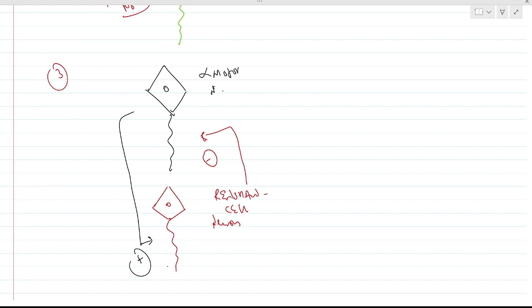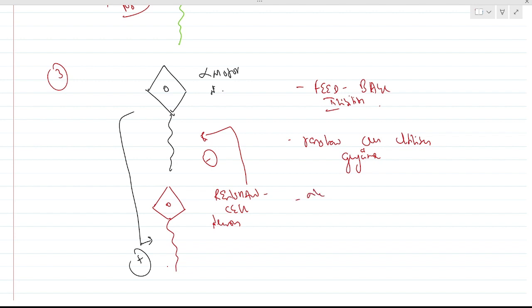Now this is commonly called feedback inhibition. The Renshaw cell neuron is feeding back. It's feedback inhibition. Okay. Now here the Renshaw cell utilizes glycine. Inhibitory, either GABA or glycine. It uses glycine.